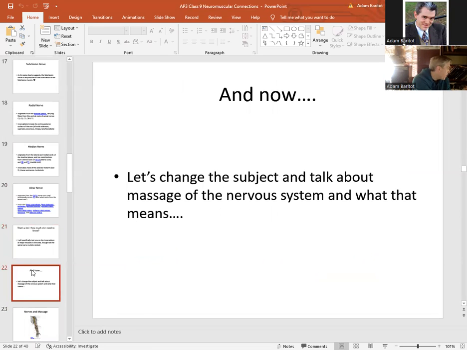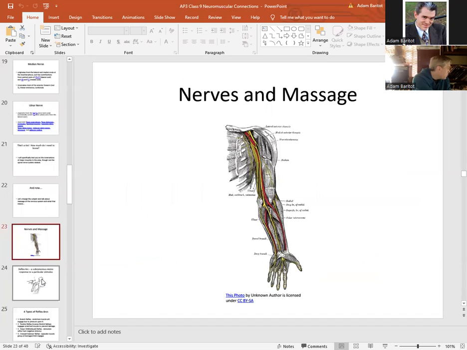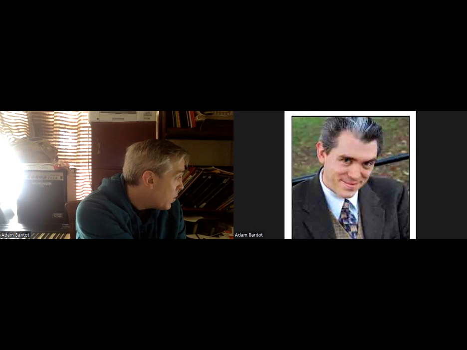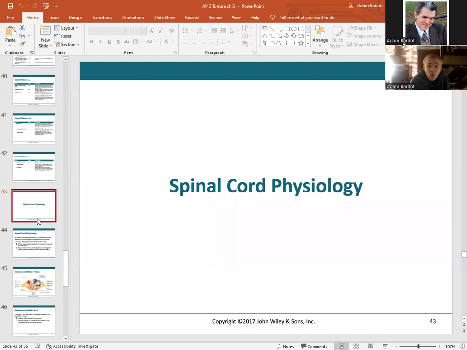Okay. From this point, we start talking about reflexes. And to assist with the look of reflexes, we're going to go to a different set of slides for that particular discussion. We're going to look a little bit of spinal cord physiology related to the issue of reflexes.